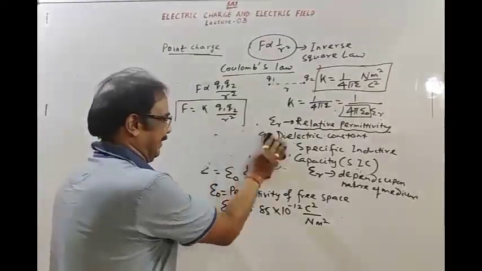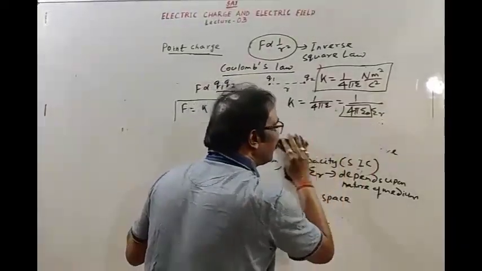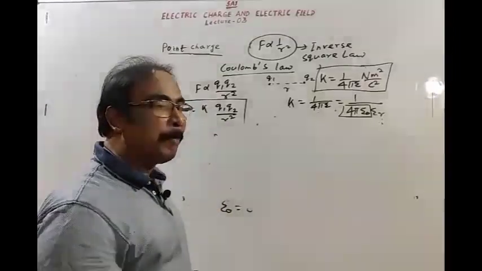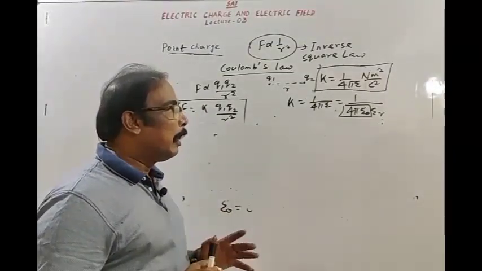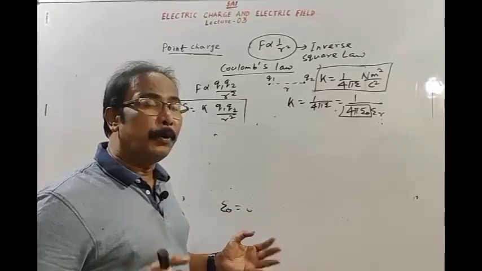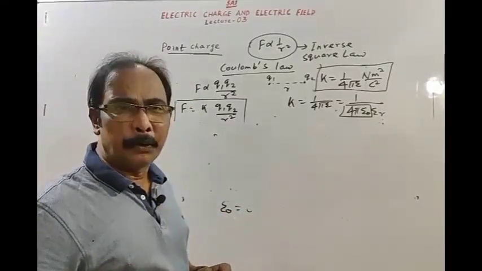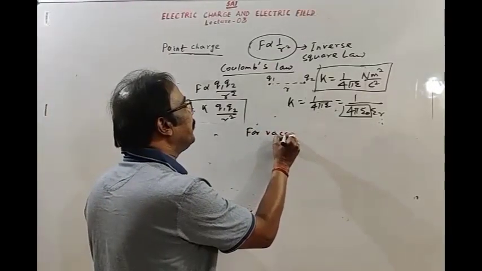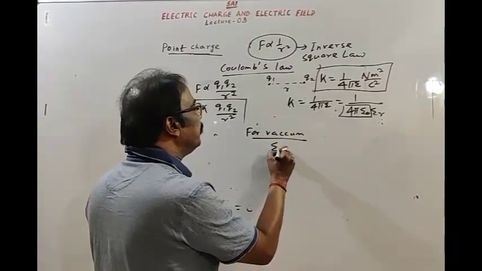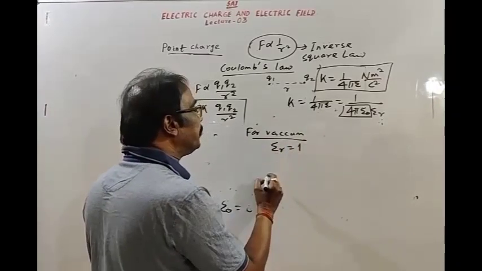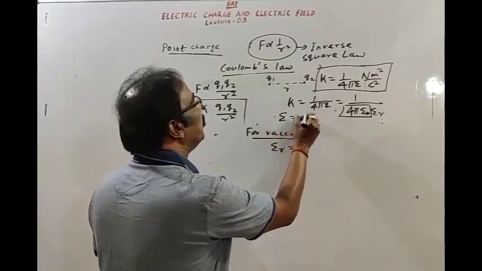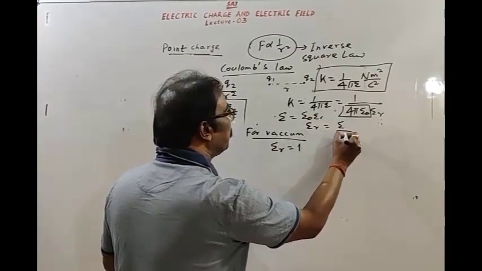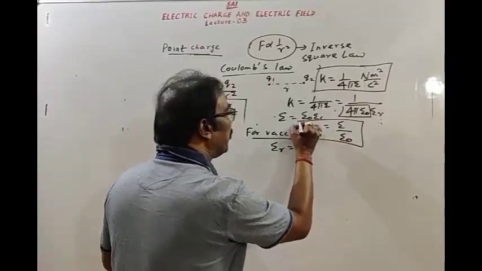And I think you have taken the screenshot. You have to remember some values of epsilon r. If you are approaching numericals and you don't know the value of epsilon r, then it must be given in your question. But the general value for vacuum, or you may take for air, epsilon r, the relative permittivity, is 1. Again, as we know, epsilon is equal to epsilon naught into epsilon r, so epsilon r is equal to epsilon divided by epsilon naught.